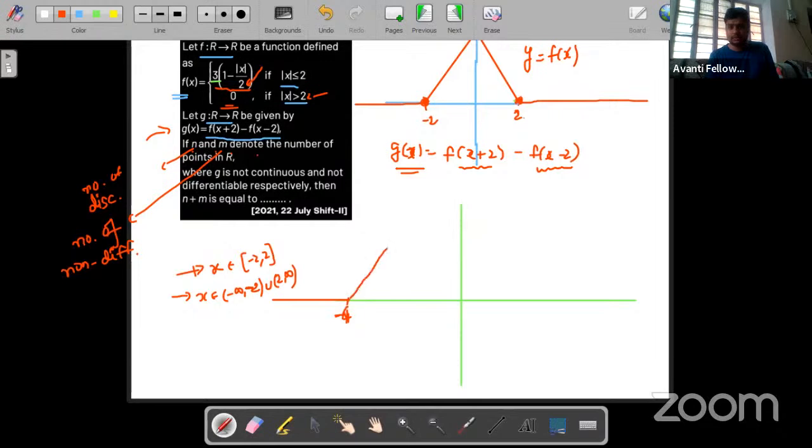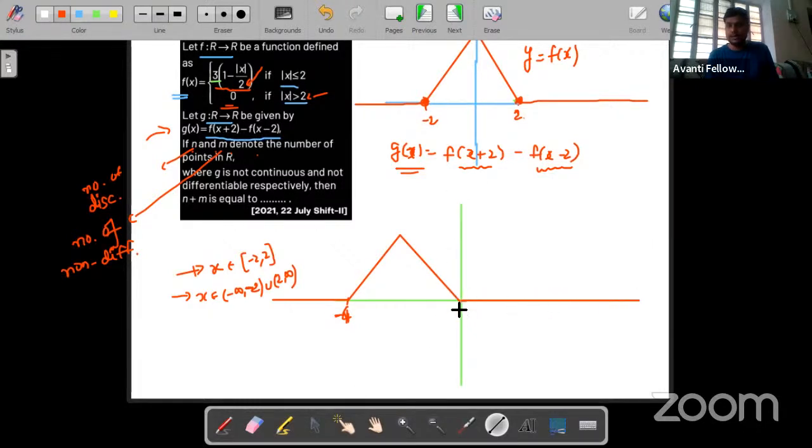So this graph, right? And this is ending at x equals 0 because it is shifted 2 units left, and we'll restart the same thing.